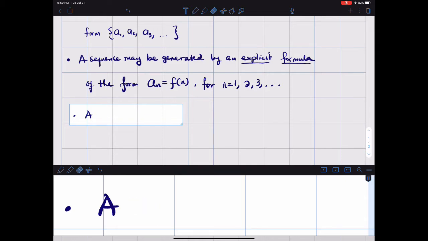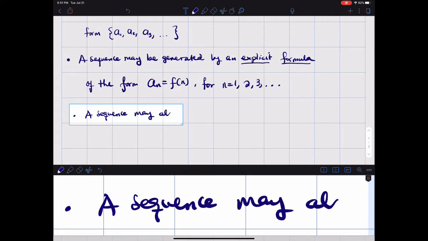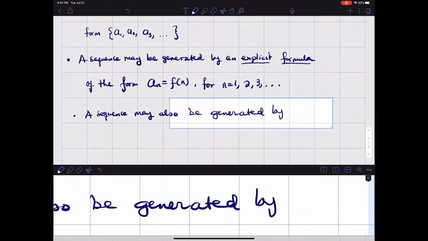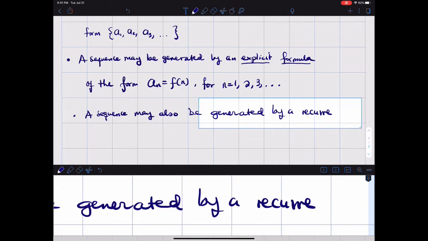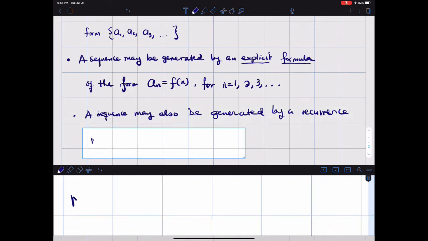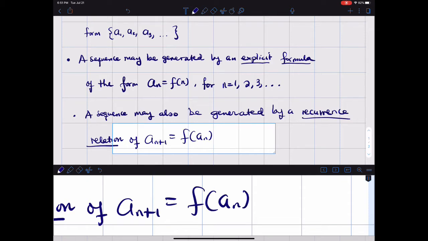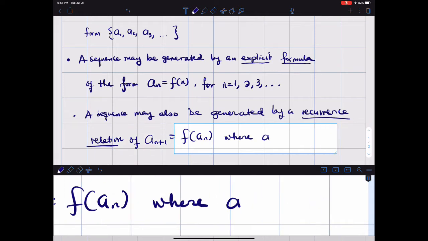A sequence may also be generated by a recurrence relation of the form An plus 1 is equal to f of An, where A1 or A0 is given.